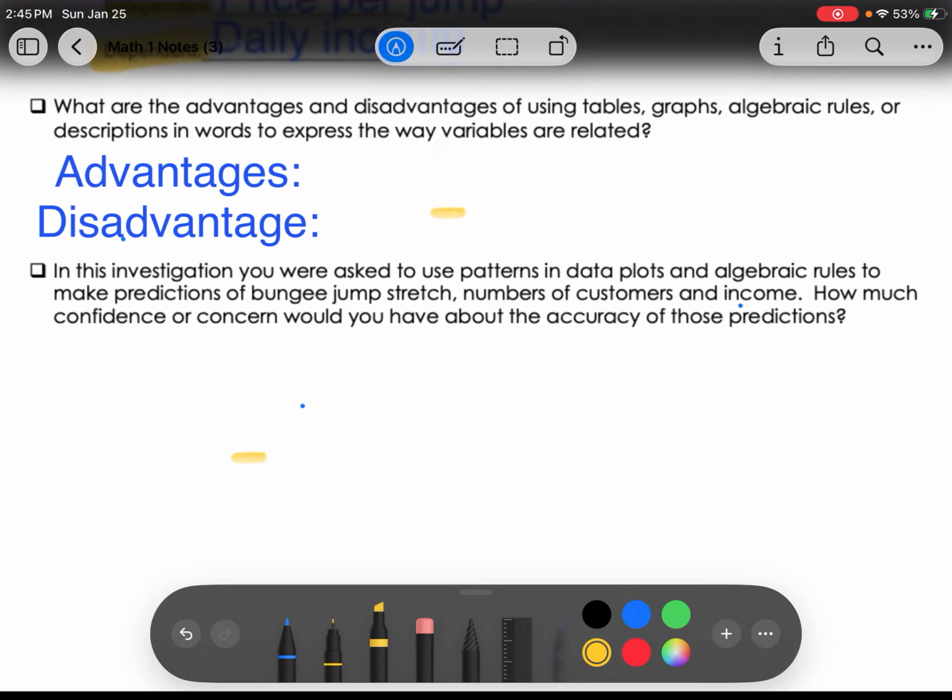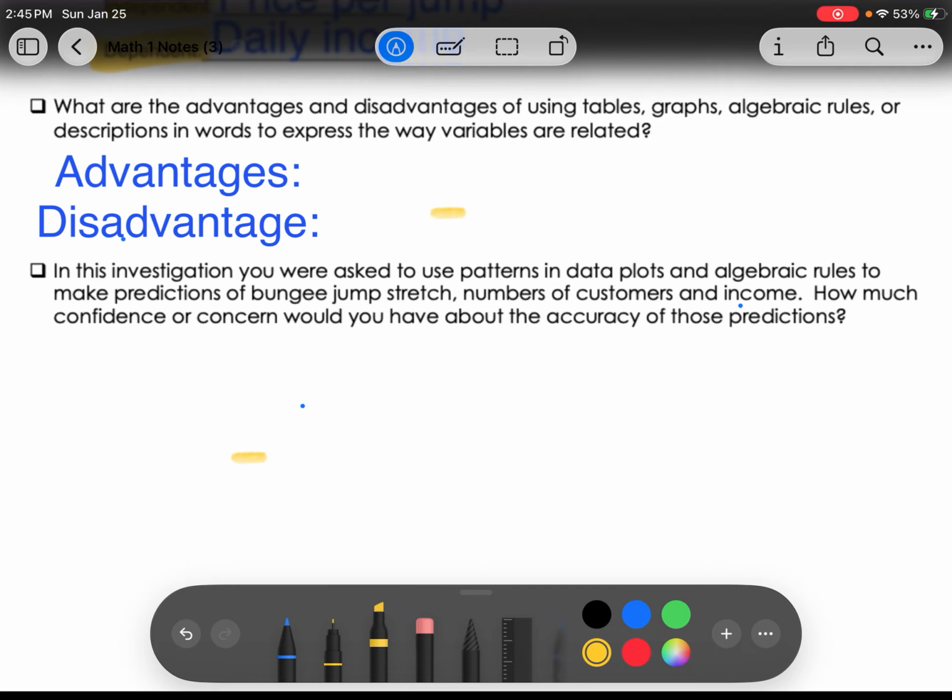In this investigation, you were asked to use patterns in data plots and algebraic rules to make predictions of bungee jumping stretches, number of customers, and income. How much confidence or concern would you have about the accuracy of these predictions? This is, again, up to you.